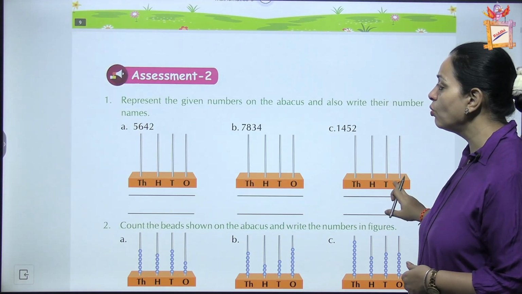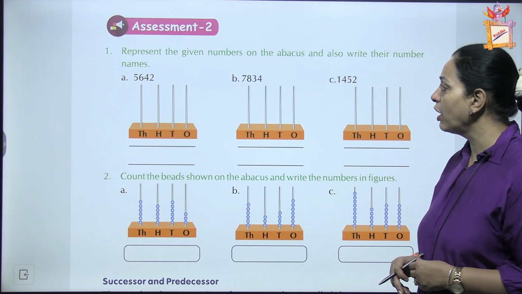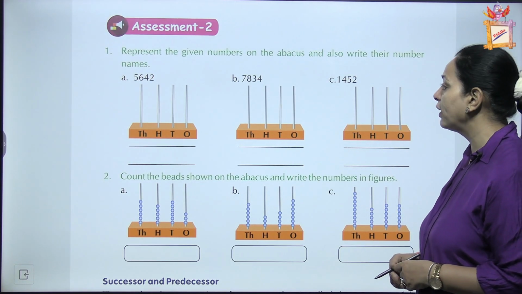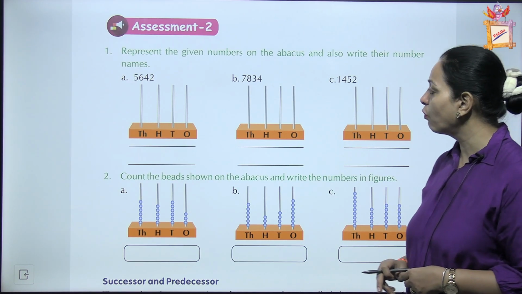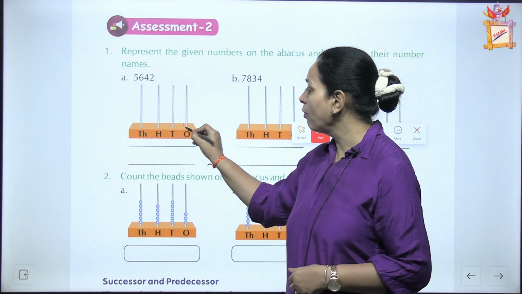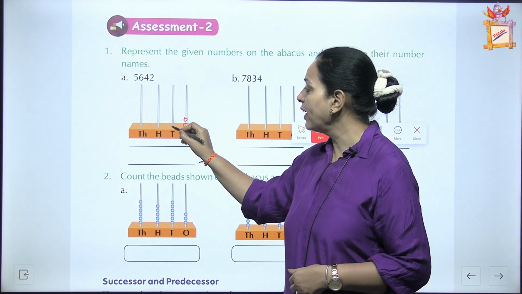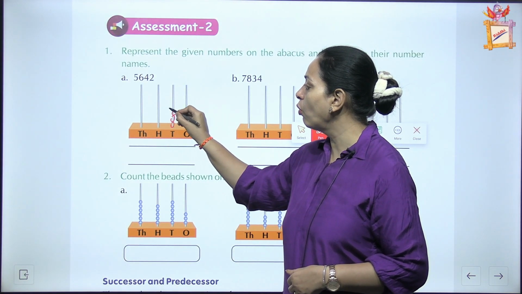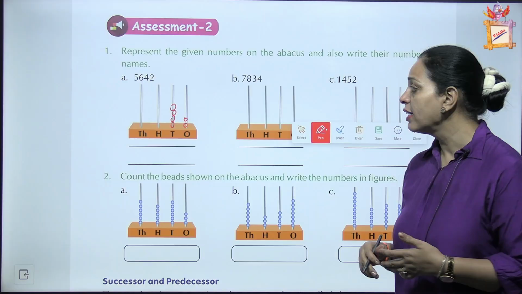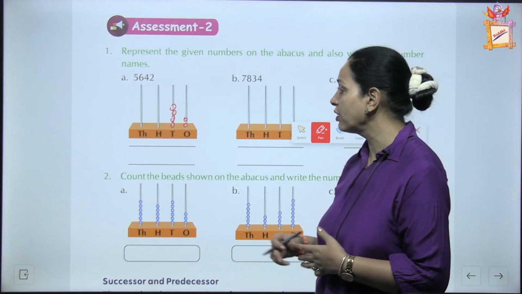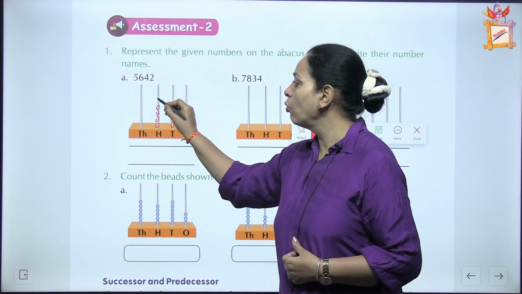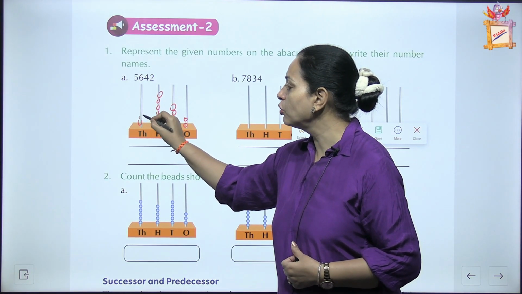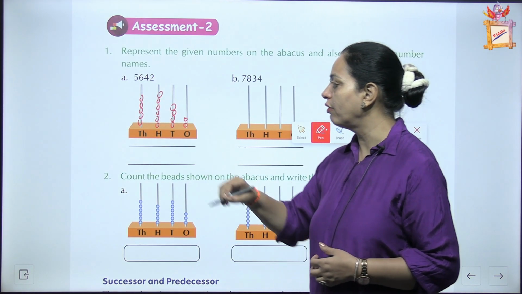Now assessment 2. The first one: represent the given numbers on the abacus and also write their number names. Like A part, 5642. So in ones, 1, 2 beads. In tens, 1, 2, 3, 4. If you show them with different colors, it would be very attractive. And in hundreds, 1, 2, 3, 4, 5, 6 and in thousands, 1, 2, 3, 4, 5.